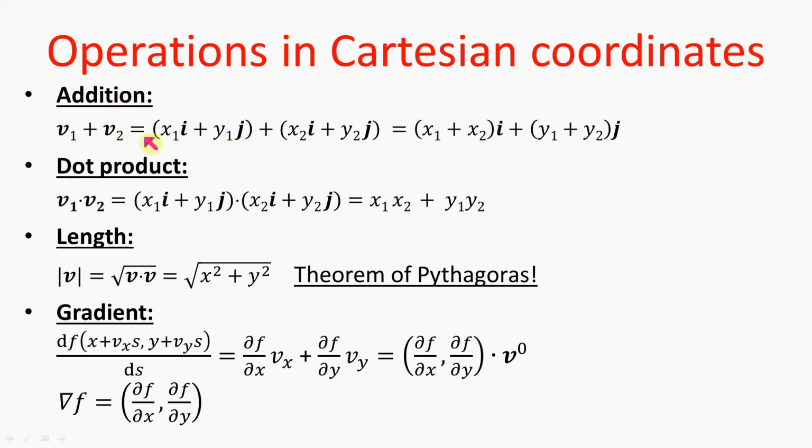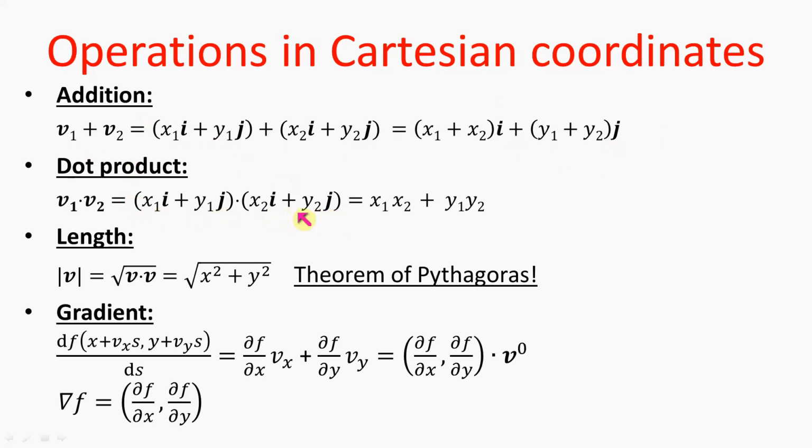So we express the two vectors that are added as linear combinations of the basis vectors with the coordinates, and then we exploit the associative property of vector addition and also the distributive property of scalar multiplication. So this sum can be rearranged in the following form, which means that we can add two vectors by adding the coordinates independently. Let's see the dot product. Again, we express the two vectors.